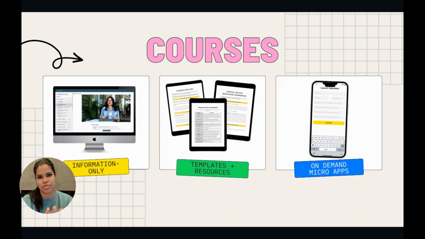We are actually able to create an app version of those spreadsheets, of a lot of the different templates and resources that you have already available in your programs, but doing it with the power of AI behind it, right?